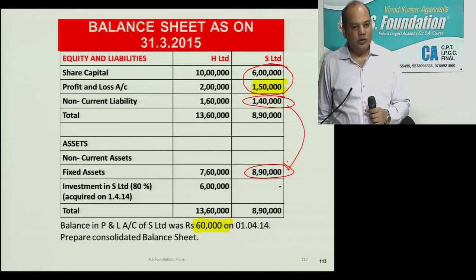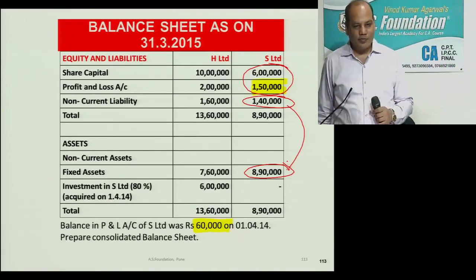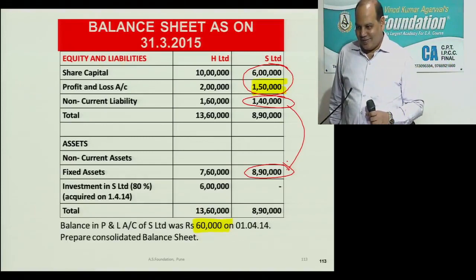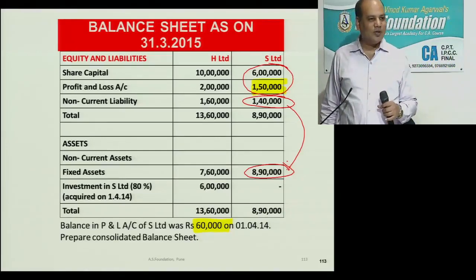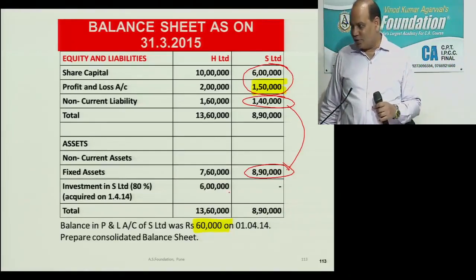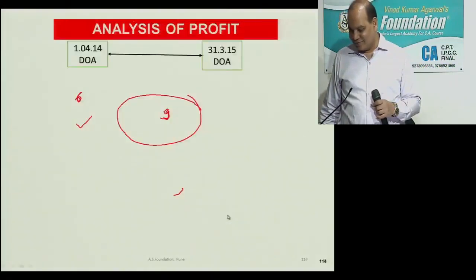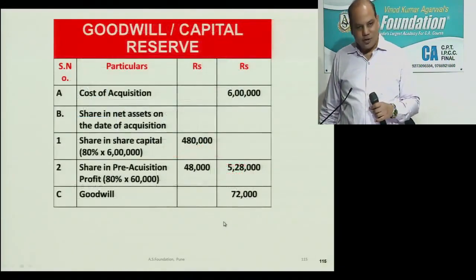Minority share in net asset 1,50,000. Got the shortcut? Yes. Next time don't try. We'll follow this method only. Only in emergency. Okay. But that is a way to cross check.